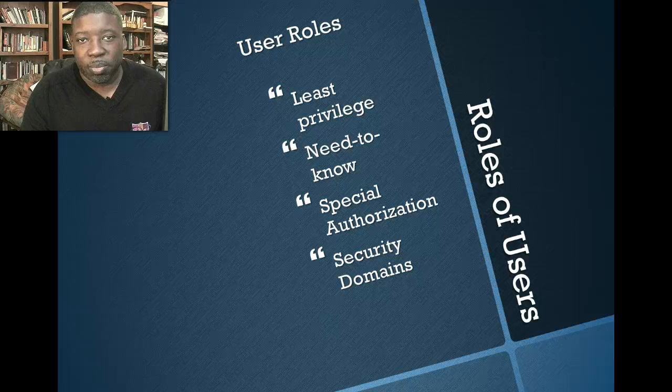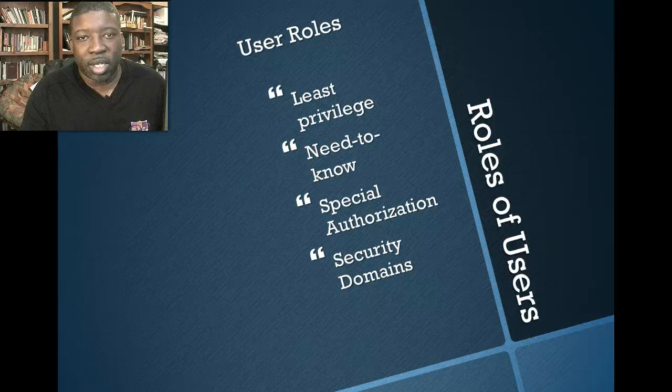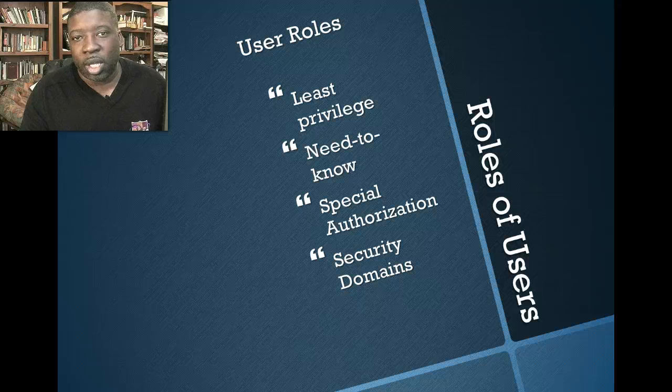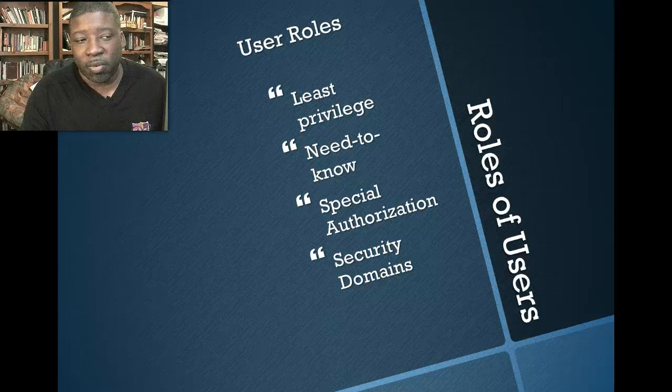Need to know: the information that they only need to know to do their job. Very similar to least privilege, but more scrutinized, and sometimes that's different than your least privilege.